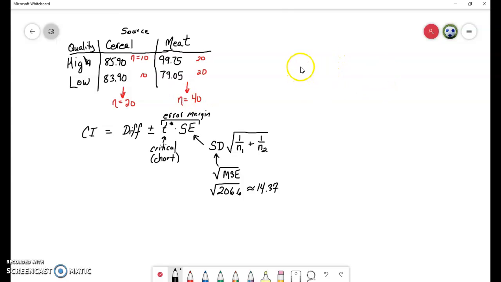So let's set up the confidence interval for the cereal group, and we'll have one confidence interval for the meat group. Okay, so for the cereal group, our confidence interval would be the difference between the two cereals, which would just be 2.0 plus or minus. Here's where we need our critical value.